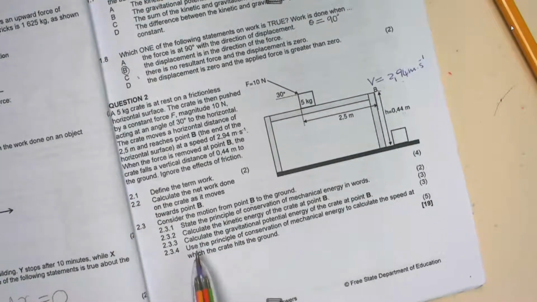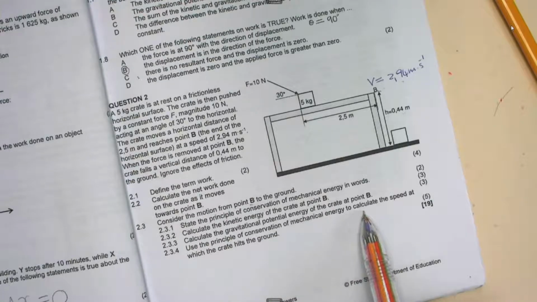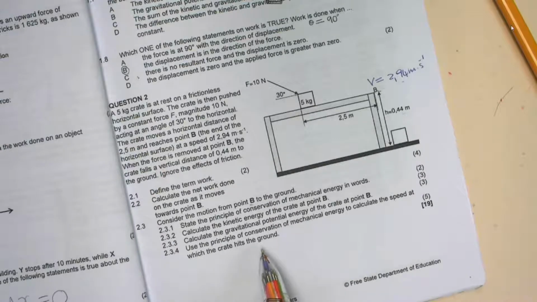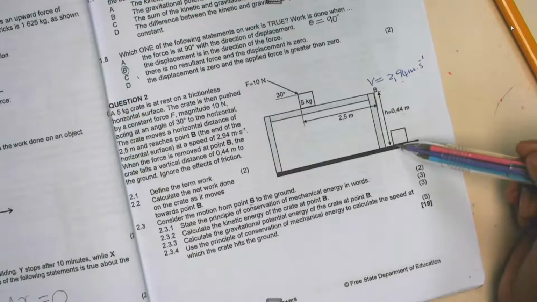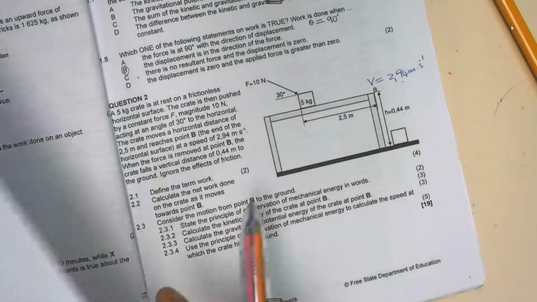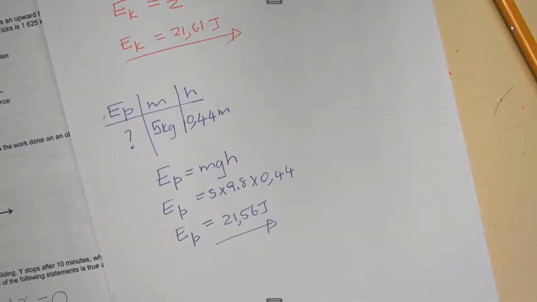Question 2.3.4 says use the principle of conservation of mechanical energy to calculate the speed at which the crate hits the ground. So the crate is going to move from this point to this point. Now, the formula for our principle, unfortunately, is not given.